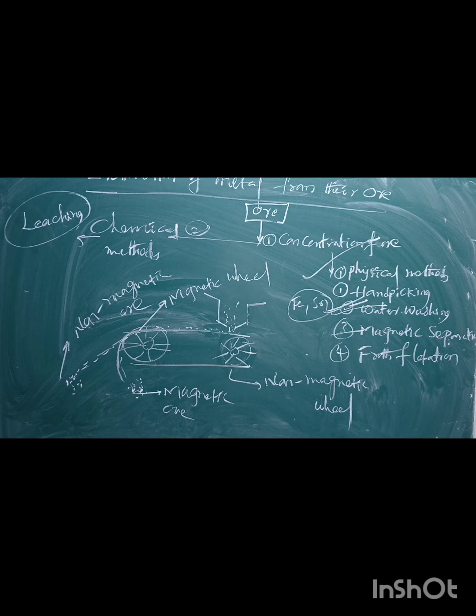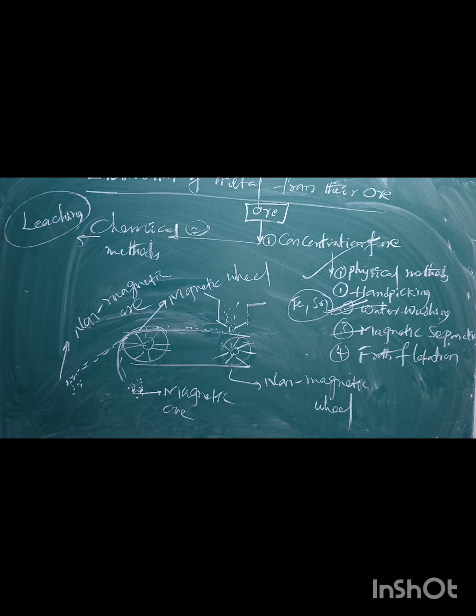The powder ore is placed over a leather belt, which moves over two rollers, one of which is magnetic, another one is non-magnetic. When crushed ore is passed over the magnetic roller, the magnetic ore particles are attracted by it and fall below it, while impurities are away from the magnetic roller.